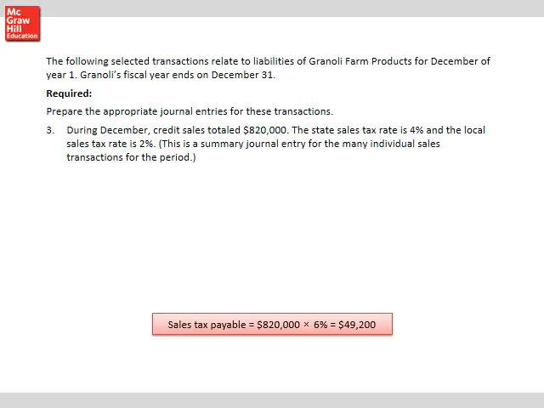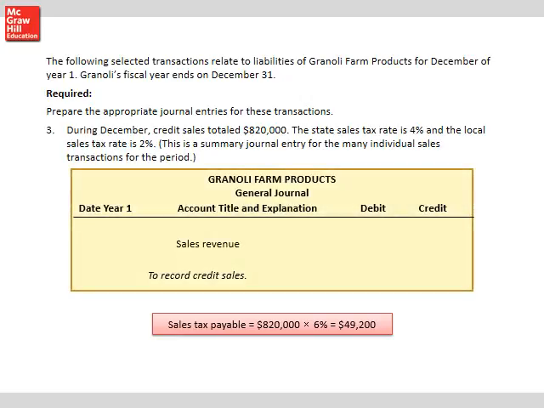So we have sales revenue of $820,000, which is a credit, and since these are credit sales, we also have sales tax payable of $49,200. Then we have accounts receivable, the sum of those, $869,200, as our debit.